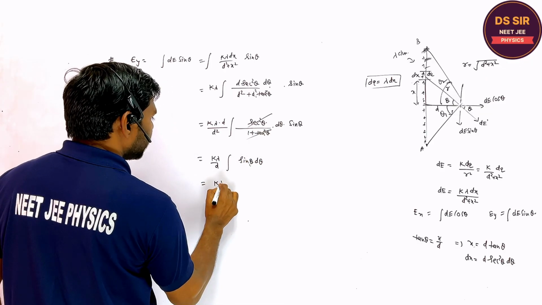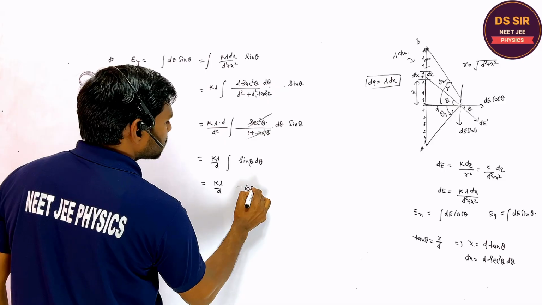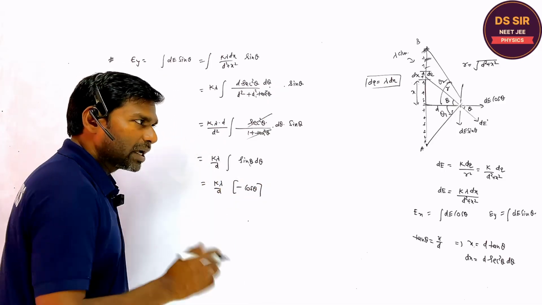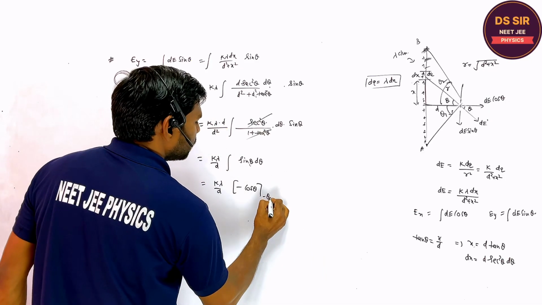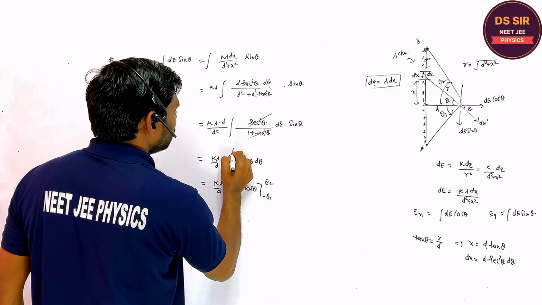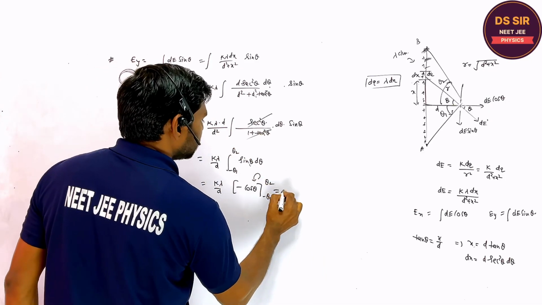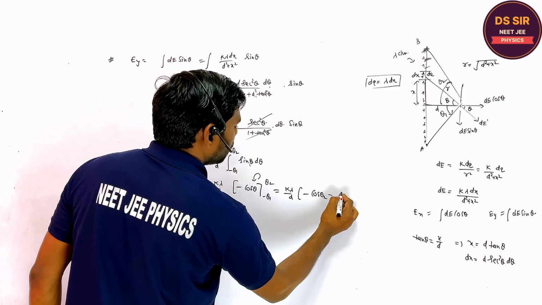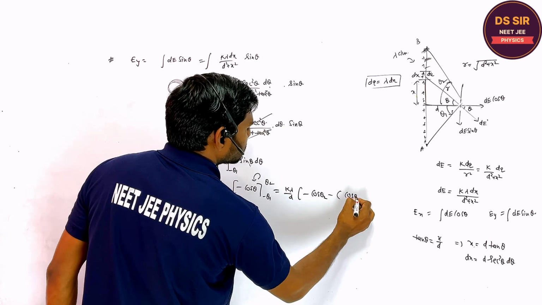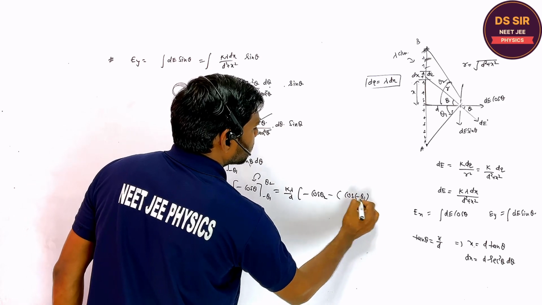What is the integral of sin theta? Minus cos theta. Again, theta varies from minus theta 1 to theta 2, right? This is k lambda upon d, minus cos theta 2 to minus cos minus theta 1.